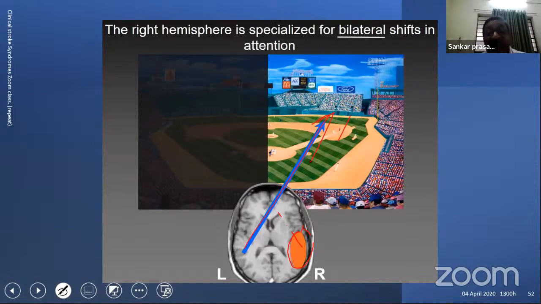This is the reason: the shifts in attention are controlled by the brain differently. The right cerebral hemisphere controls the attention shifts in the left visual field and also the right visual field, whereas the left cerebral hemisphere controls visual attention shifts only in the right visual field.